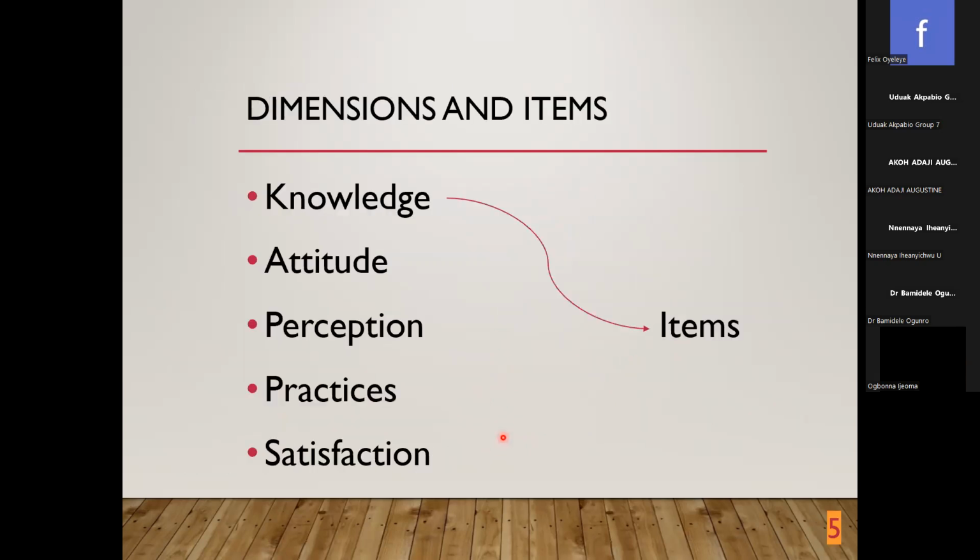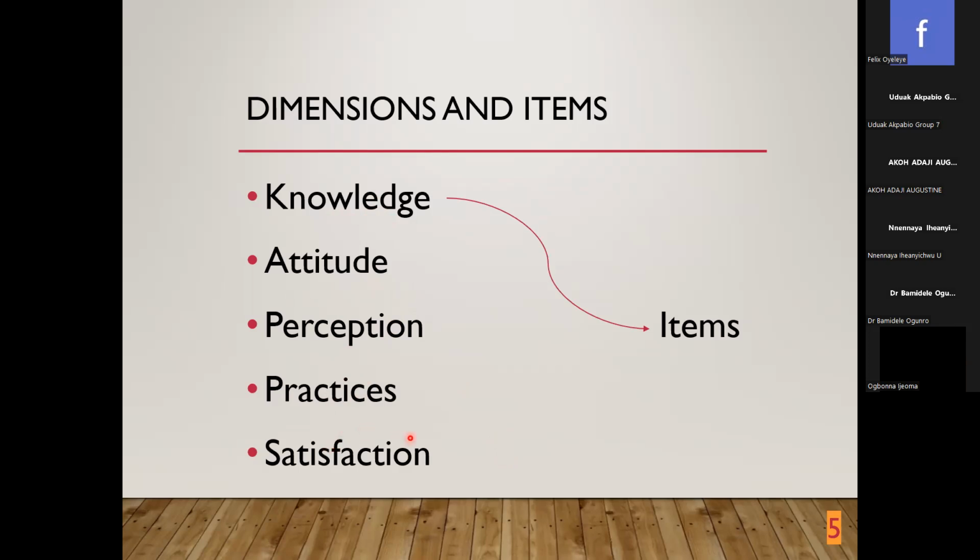But essentially, when you look at those research questions I outlined, you will see instances whereby we are to measure knowledge. At another point, we could be measuring attitude, and we could be talking about perception, practices, or even satisfaction.